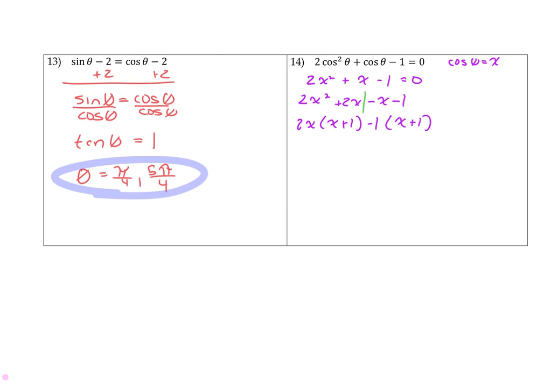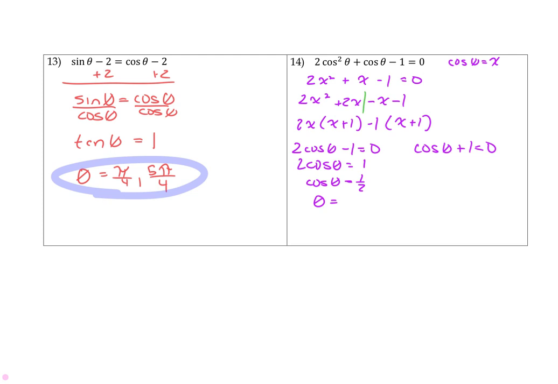So now I'm going to sub back in: 2 cosine theta minus 1 equals 0, and cosine theta plus 1 equals 0. So here I'm going to add the 1, divide by the 2, and so when is cosine 1/2?